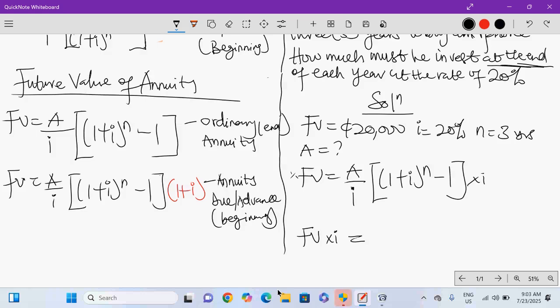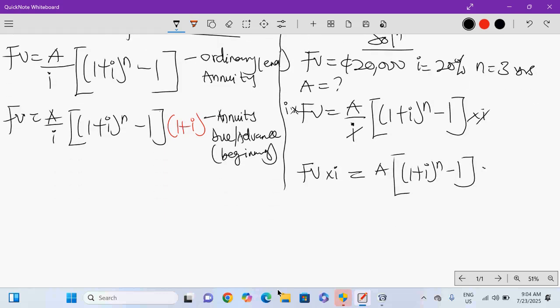So this will give us A into bracket 1 plus I exponent n minus 1. Then this I will cancel this I, because you are multiplying through by I, and we'll be left with the future value times I.